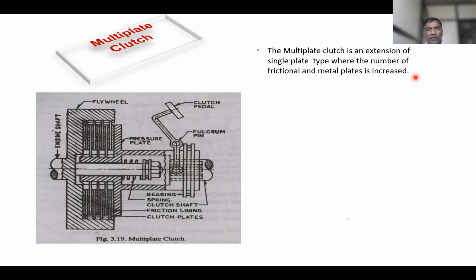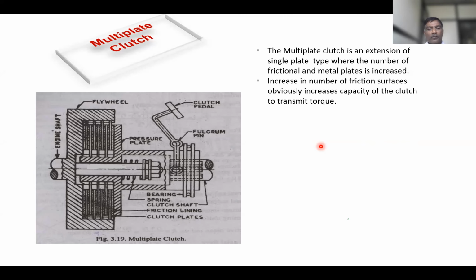So next one, that is the multi-plate clutch. It is an extension of the single plate type. In the single plate clutch, there is a single friction plate, a single pressure plate, and the flywheel on one side. But in this case, there will be an increase in the number of friction and metal plates.